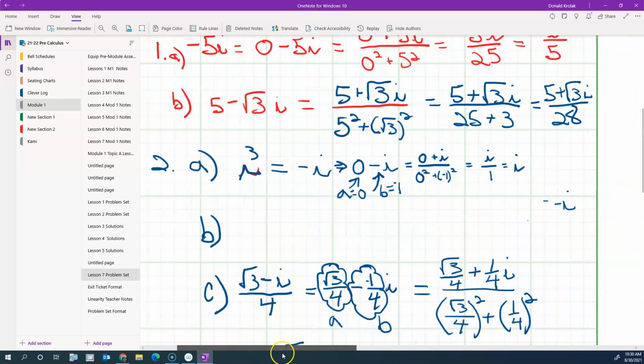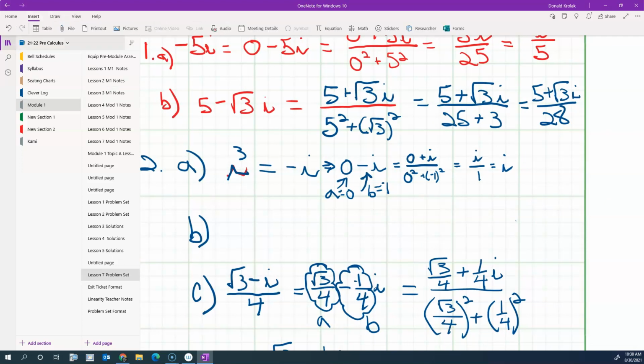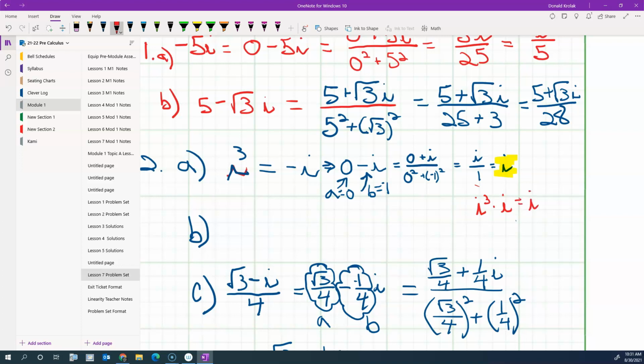When you multiply those, you get 1. See, watch. If I go i cubed times i, that's i to the fourth, and i to the fourth is 1.